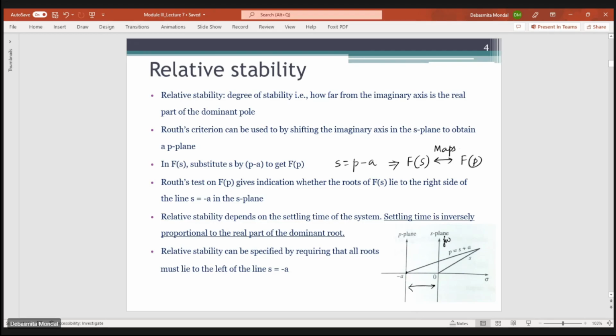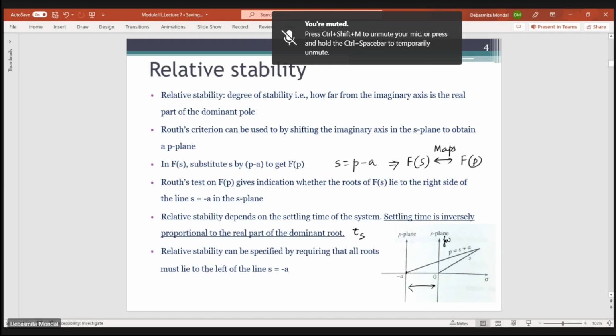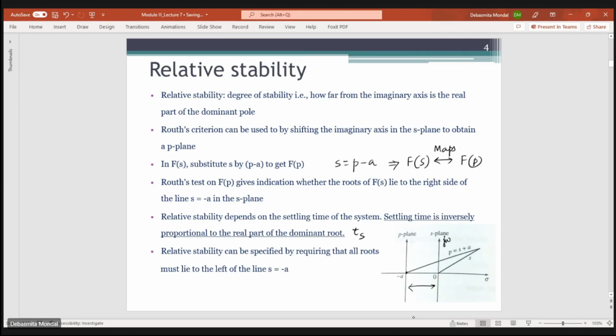Okay, and this relative stability of a system depends on the settling time of the system. If you remember, the settling time Ts for a second order system is usually inversely proportional to the real part of the dominant pole, and the real part of the dominant pole is given by minus zeta omega n.